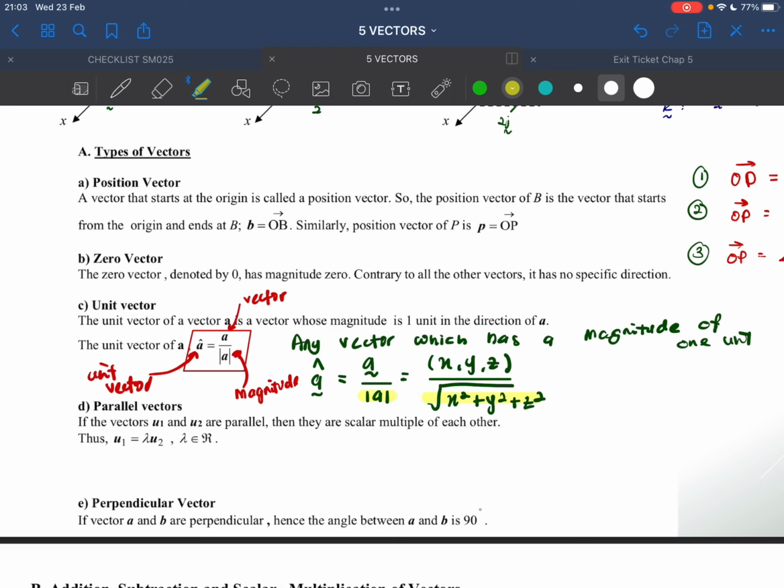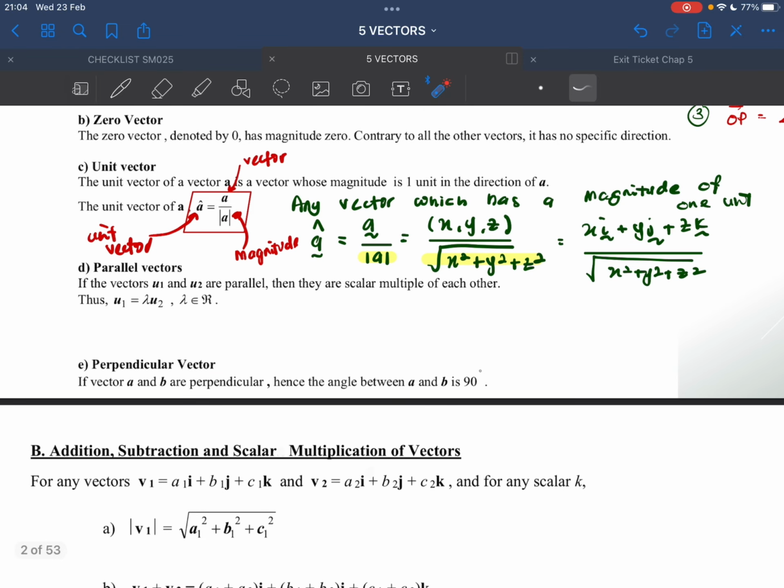So if we write in vector form, that should be xi plus yj plus zk over the same thing, square root of x square plus y square plus z square. So that is one thing, unit vector. From this point, you know how to find the magnitude and also a unit vector. So make sure you remember this formula here.